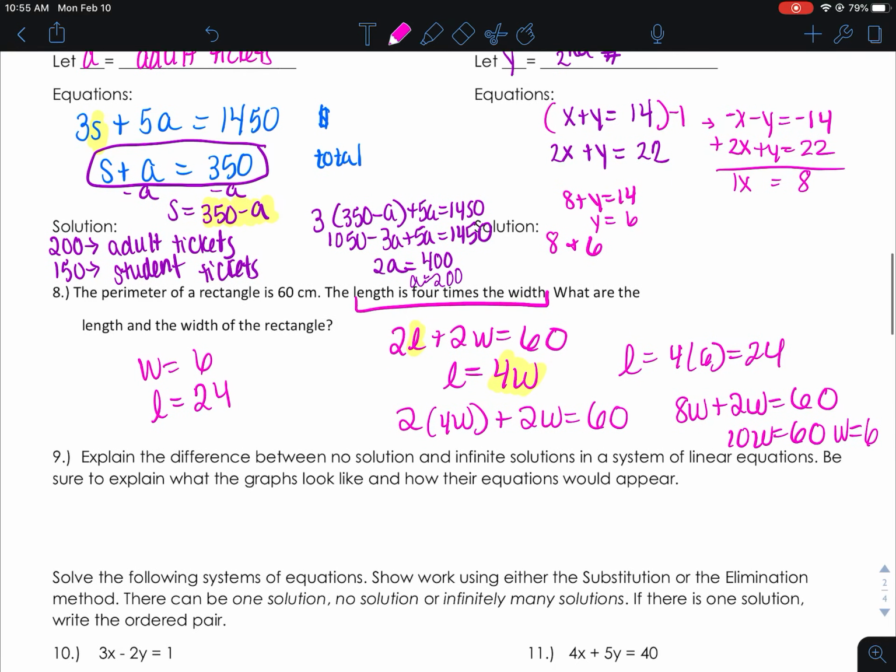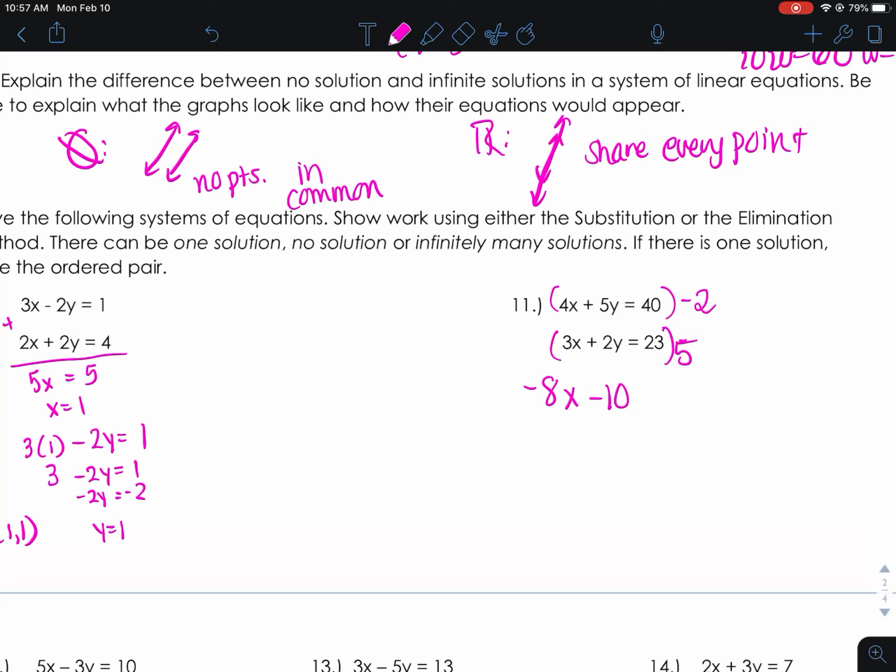And the last one on here, right now nothing cancels at all. So we're going to actually multiply both of these equations by something. I'm going to get the y's to cancel. So right now I have 5 and 2. So if I multiply the first equation by -2 and the second one by +5, I'm going to get -10 and 10. So this would be -8x minus 10y equals -80.